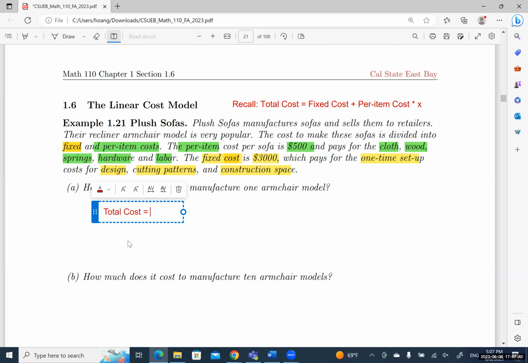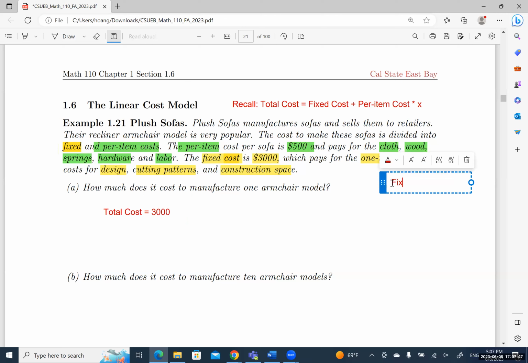Fixed cost here is 3,000. Maybe I'm gonna label here fixed cost, which equals 3,000, and per item cost equals $500.